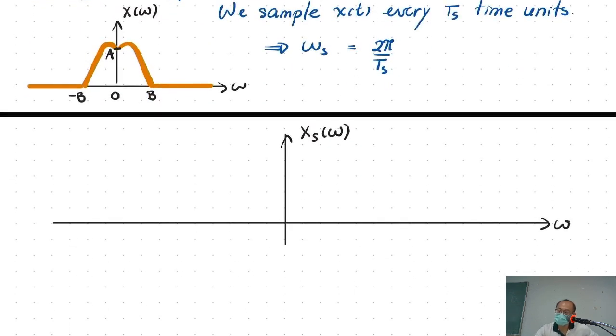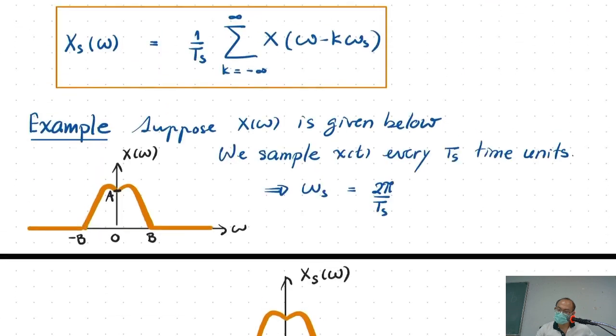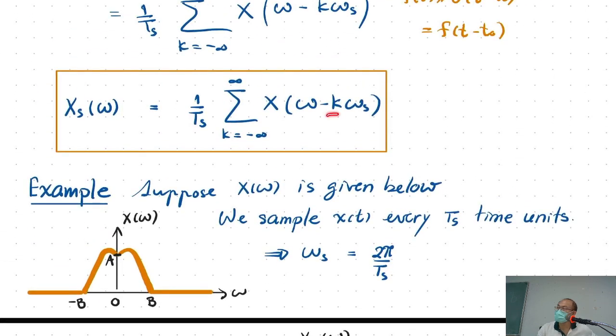So I'm going to draw x of omega here. Now this is when k equals 0. What about when k equals 1?